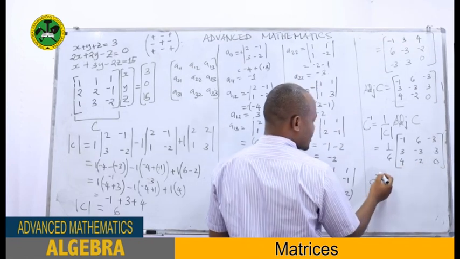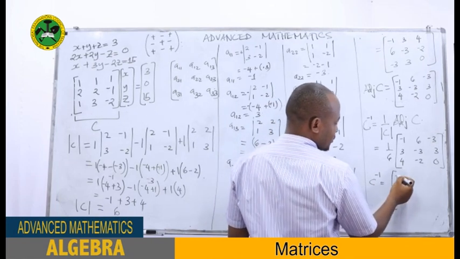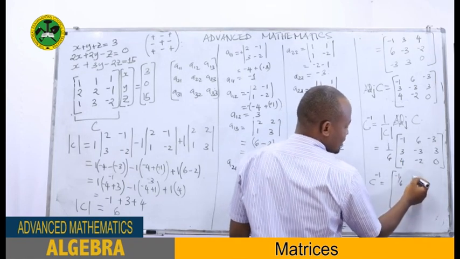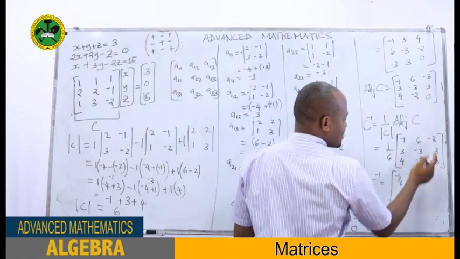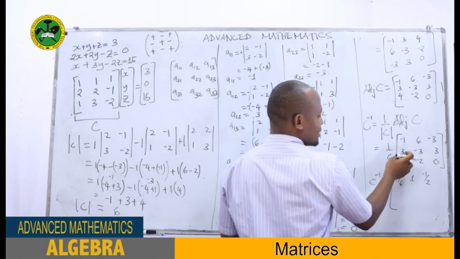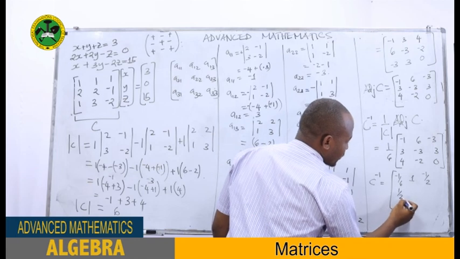So the inverse will be negative 1 over 6. Then 6 and 6 is 1. And then this times 1 over 6 times negative 3 is negative 1 over 2. And then 3 times 1 over 6 is 1 over 2.